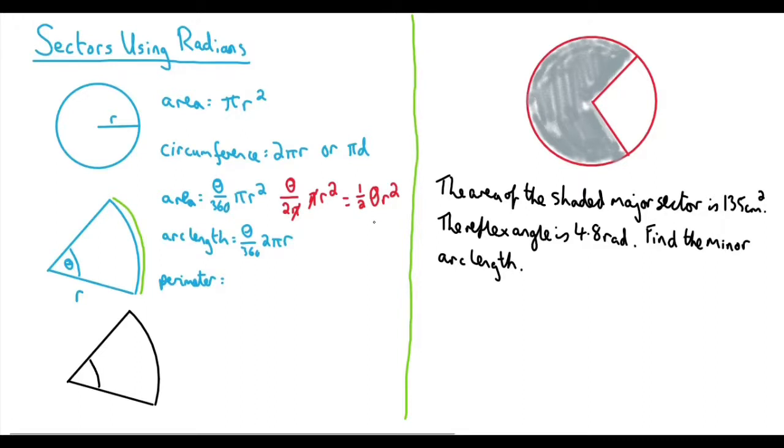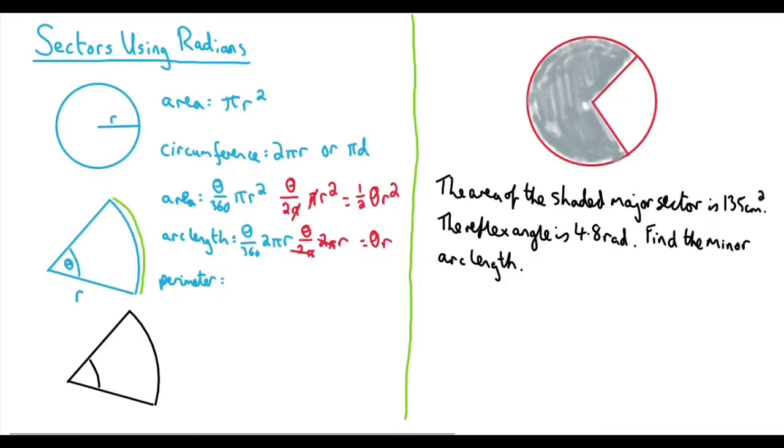It's just that this formula doesn't include pi, so in that regard it's a little bit simpler. All you need is half the angle times by the radius squared. Similarly here, if we were to make this theta over 2 pi times 2 pi r, the whole of the 2 pi this time cancels, leaving us with just theta r.